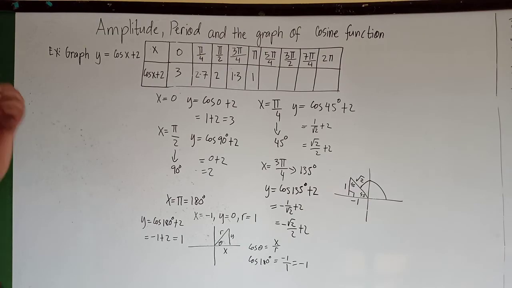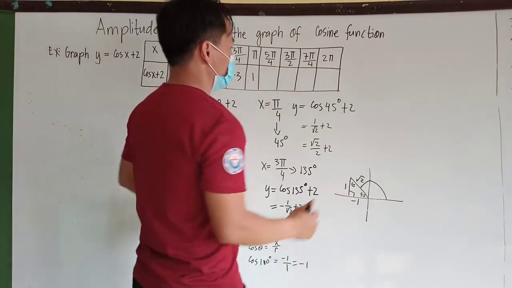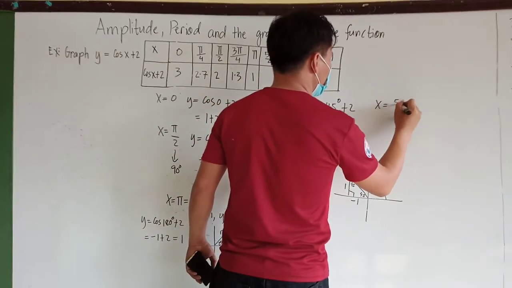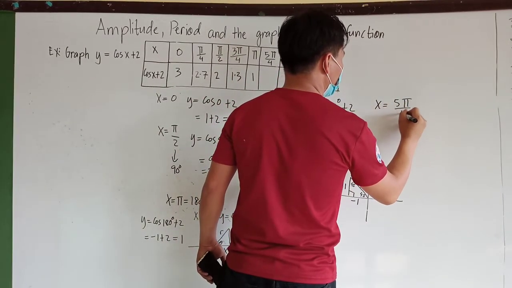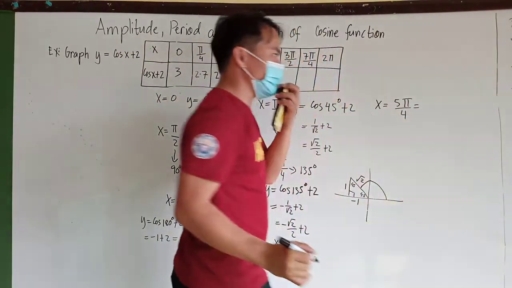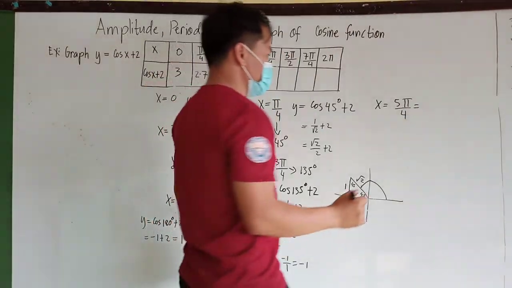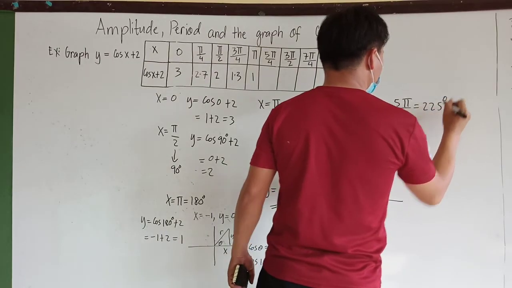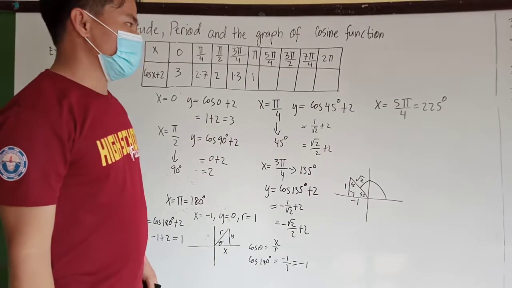Okay? Next, we will proceed now to x is equal to 5π/4. The 5π/4, when we convert that into degrees measure, has a value of 225 degrees. Okay? 225 degrees.